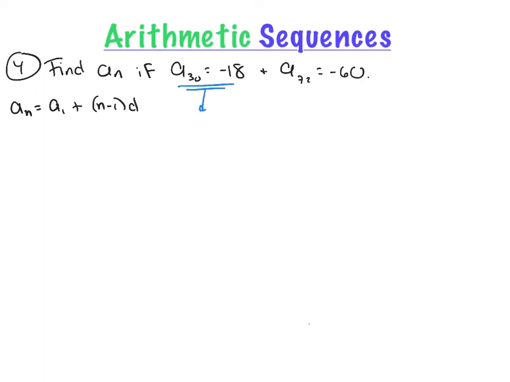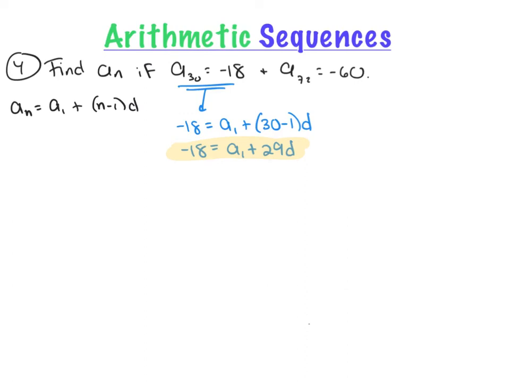A sub 30 equals negative 18 means negative 18 equals A1 plus, that's the 30th term, so 30 minus 1 times D. Negative 18 equals A sub 1 plus 29D. There is my first equation.